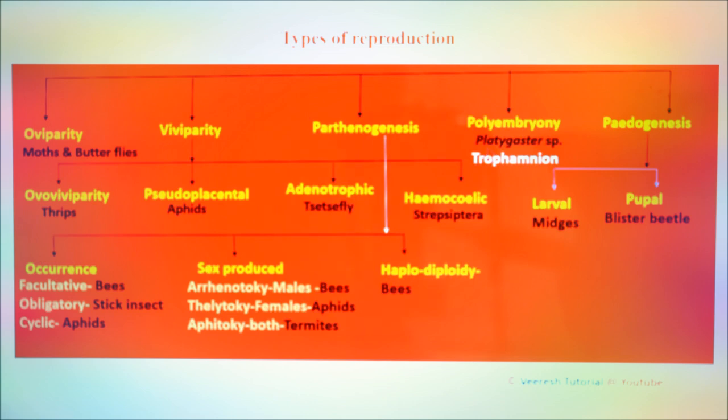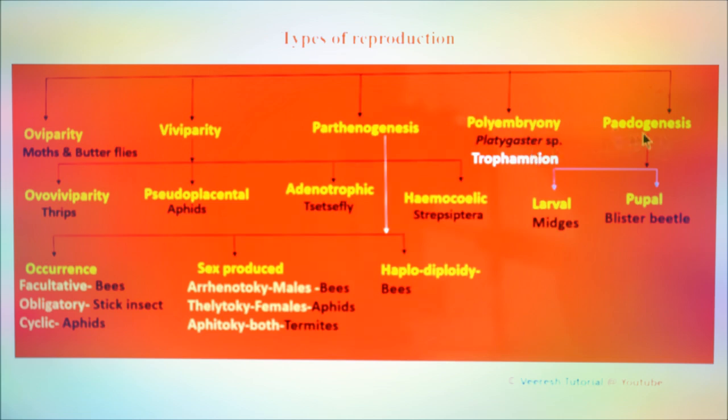So the developing embryos obtain the nutrients from the host hemolymph through a special membrane called the trophamnion. Through this membrane, the developing embryo receives the nutrients from the host hemolymph, because Platygaster is a parasitic insect which lives inside the host body.